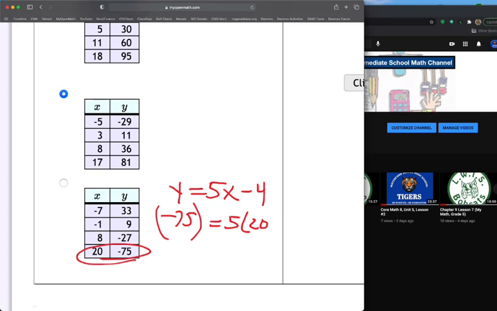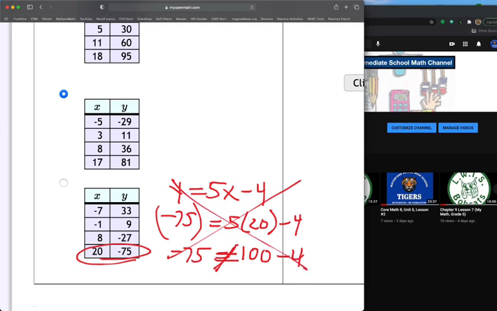The x value is 20. And so we've got negative 75 supposedly equal to 100 minus 4. Clearly, we can see that that is not equal because 100 minus 4 is 96. So this table is not represented by the function y equals 5x minus 4.